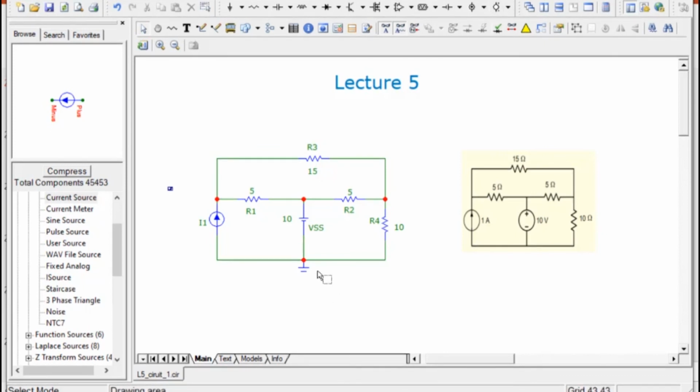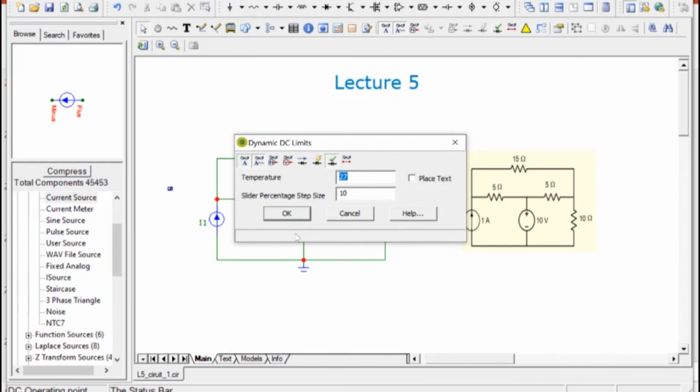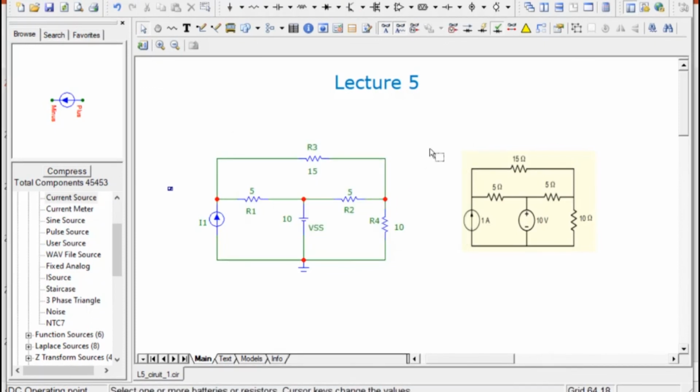It's the same circuit you can see here. We go to analysis, we do dynamic DC, and it gives us all the node voltages. Note that 10 volts here, obviously 7.857 volts here, 13.214 volts here. If you're looking for currents, it gives me all the currents here.